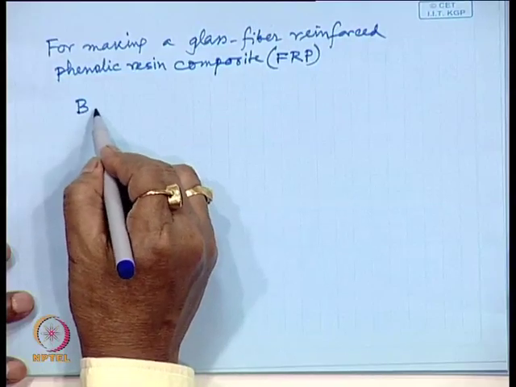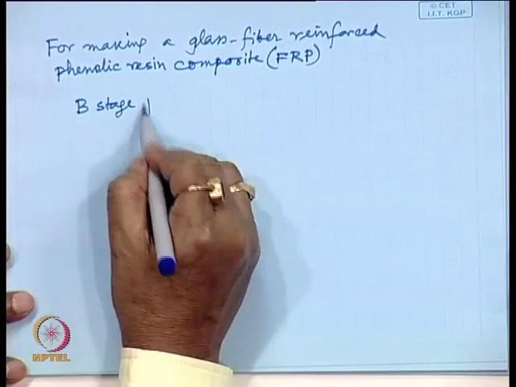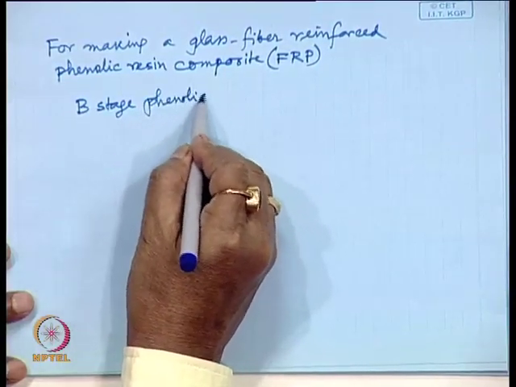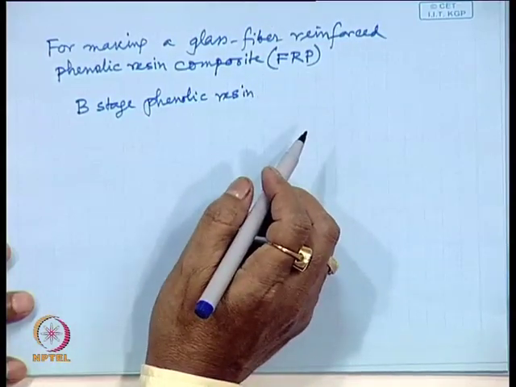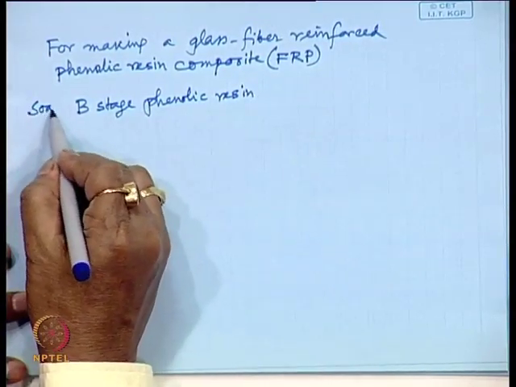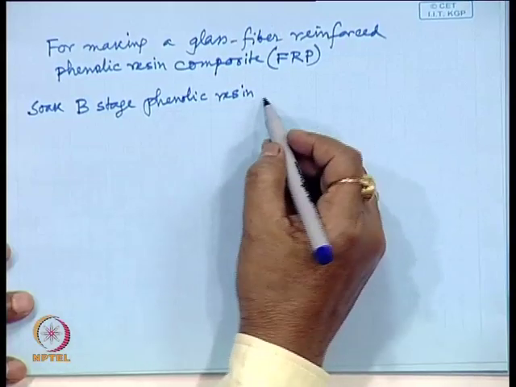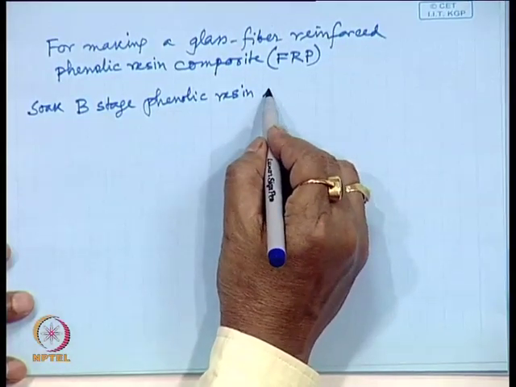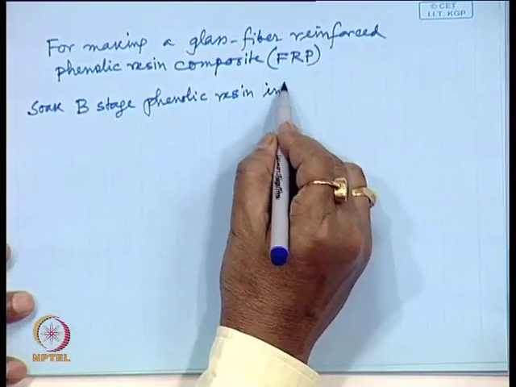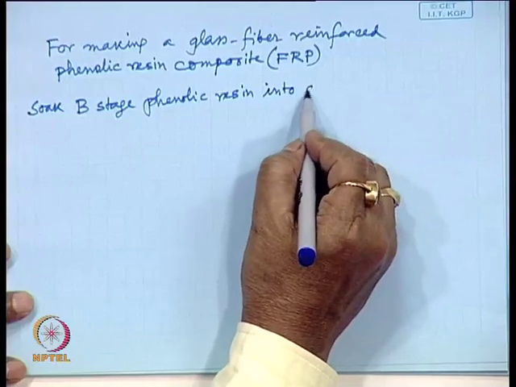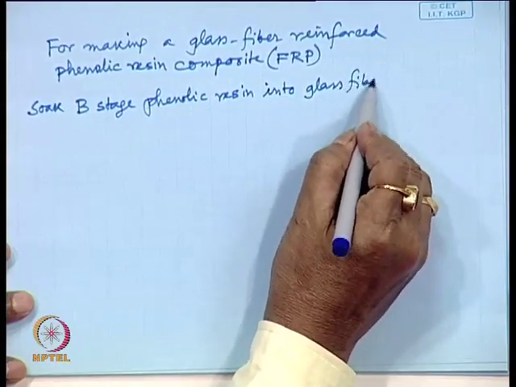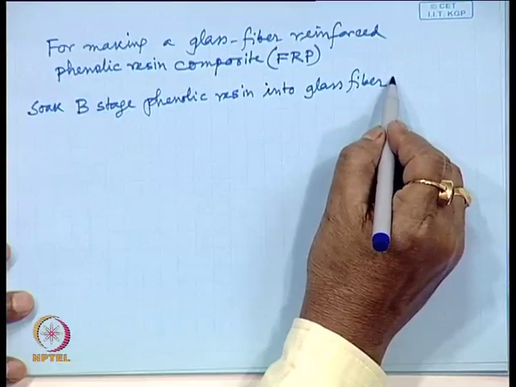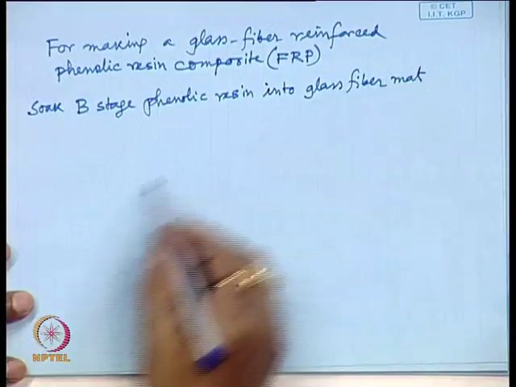You take B stage phenolic resin and soak it into a glass fiber mat or fabric.